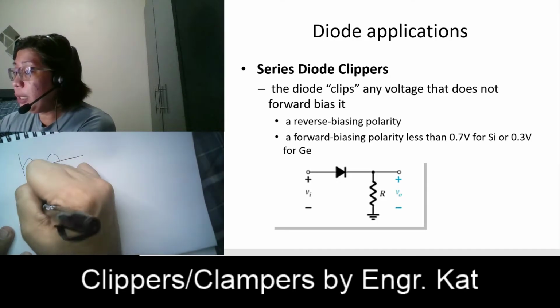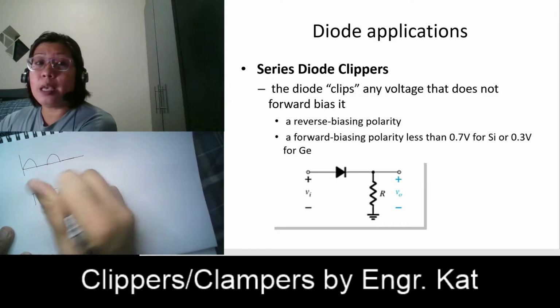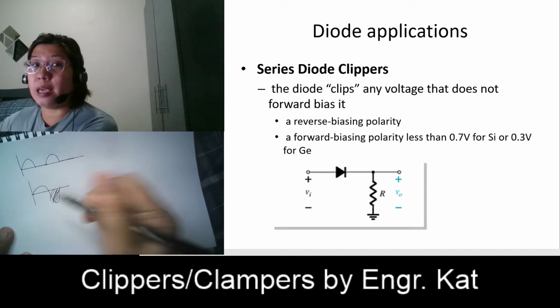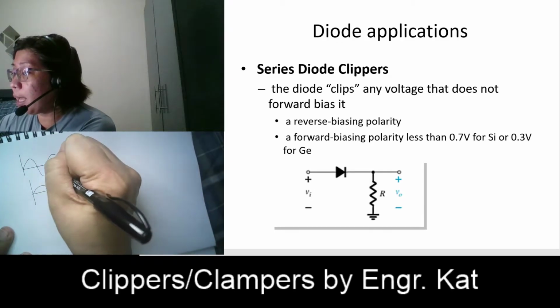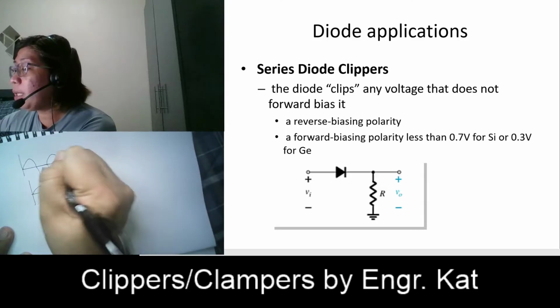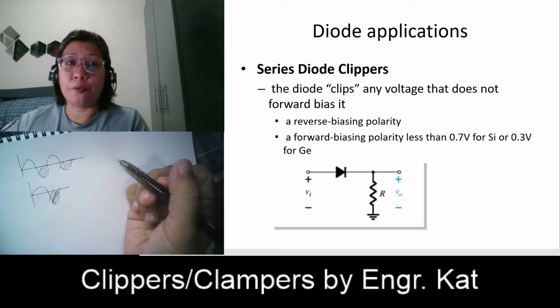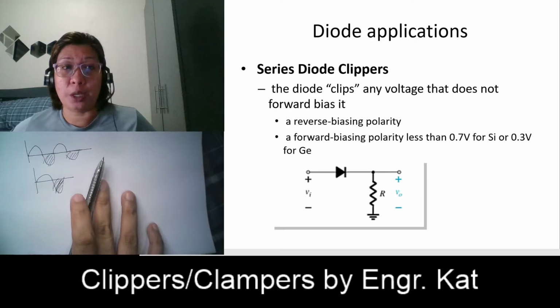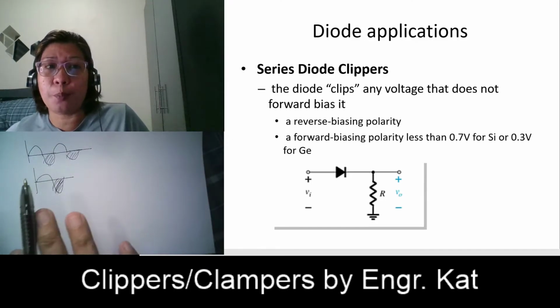From the original signal, technically you have removed the entire half cycle. The entire half cycle was clipped off. Therefore, we can consider this a clipper circuit because we remove a certain portion.